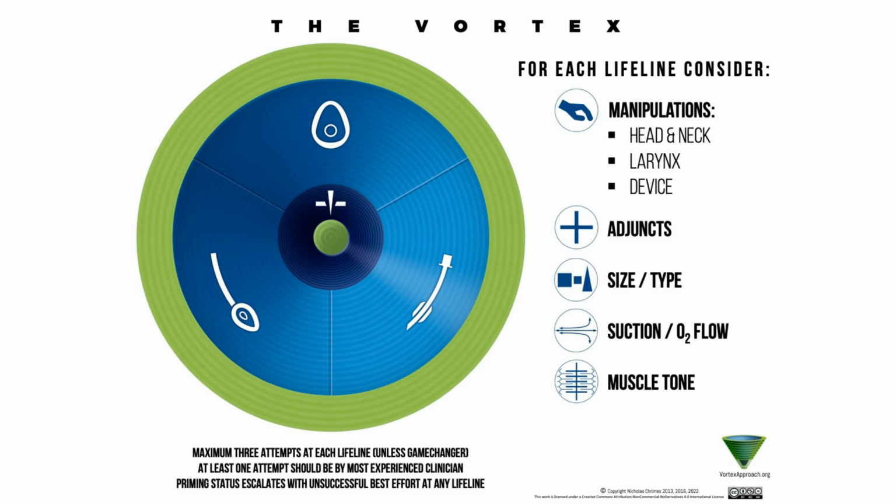So let's get back to the vortex shape. What the vortex model is showing you is that with each unsuccessful attempt between mask ventilation, supraglottic airway insertion, or intubation, you spiral further and further down the vortex into the danger zone.